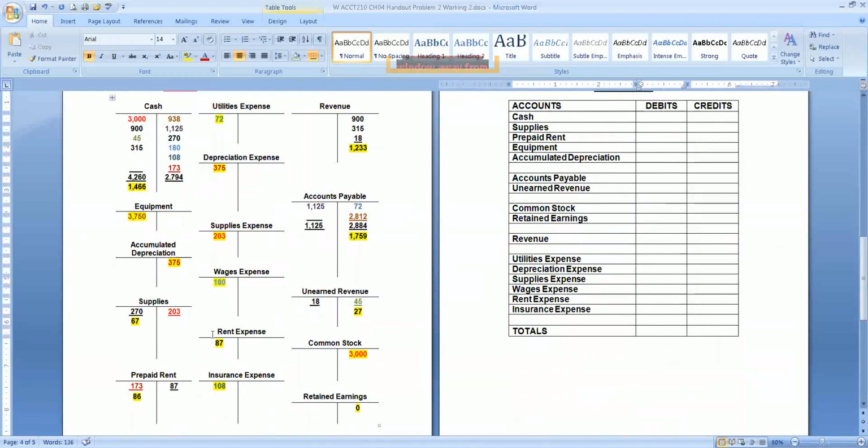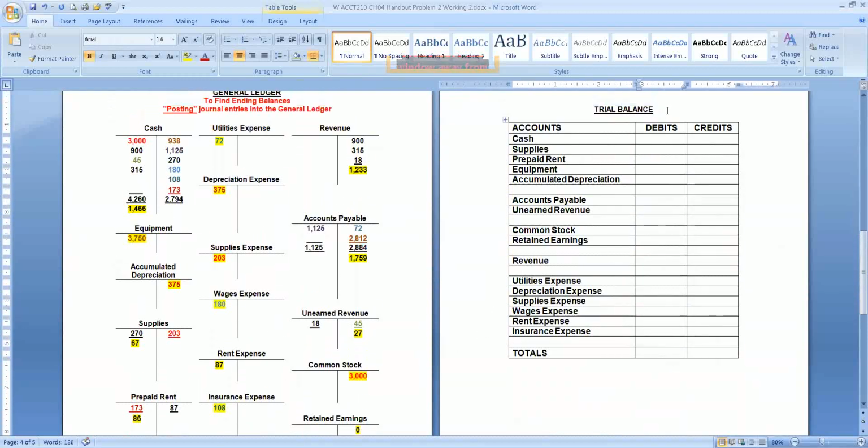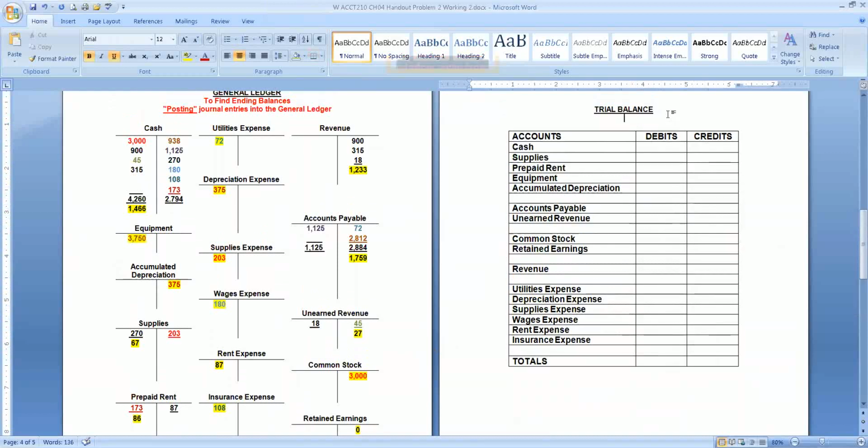So what we're going to do, so the trial balance. This is for ending balances only. So for instance, for cash, we're not going to look at all this other stuff that's in here.